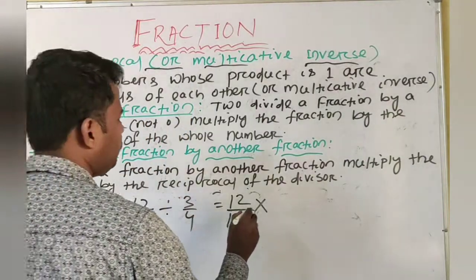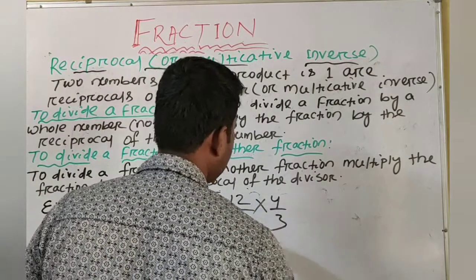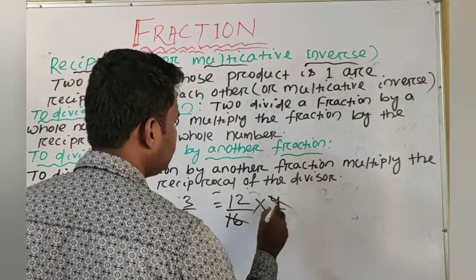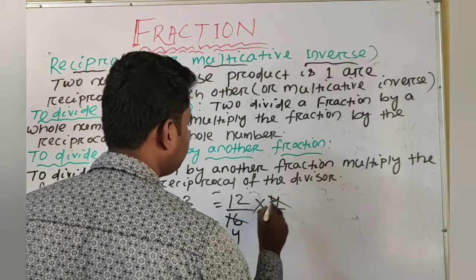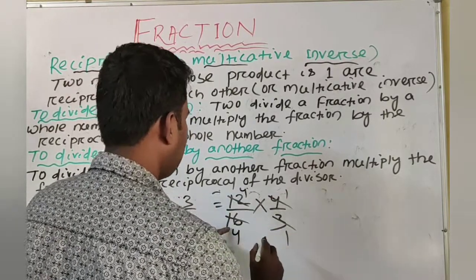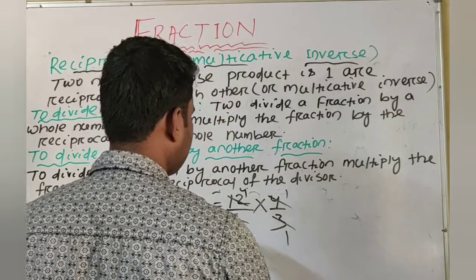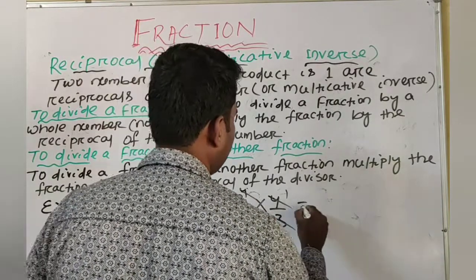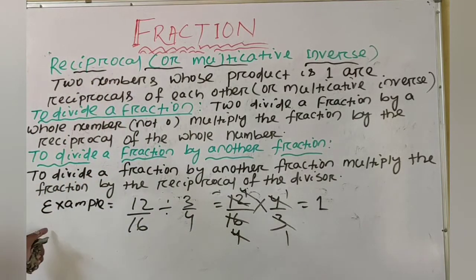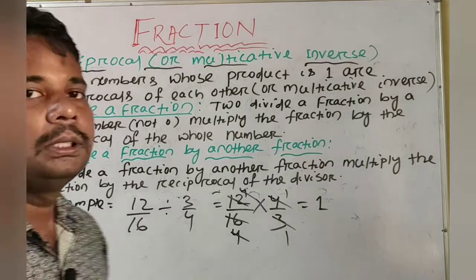The reciprocal of 3 by 4 will be 4 by 3. Here also we can cancel out 4 and 4, and again cancel out 4 and 4. It will be 1. So in this way we can divide a fraction by another fraction.